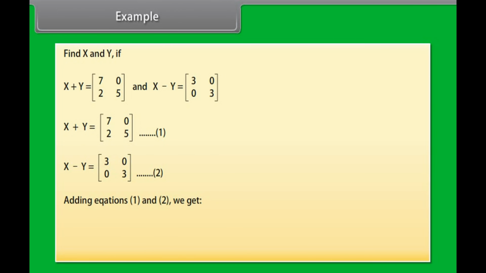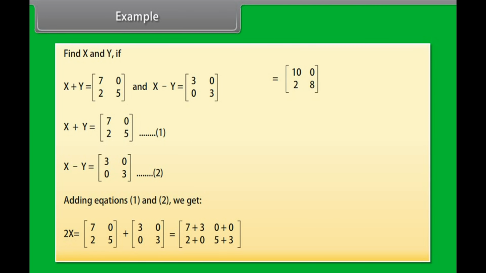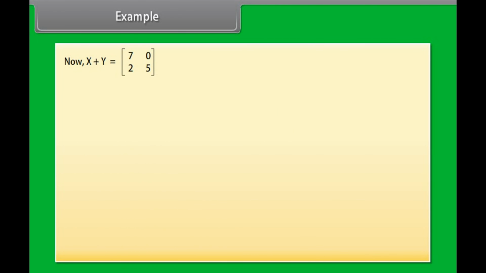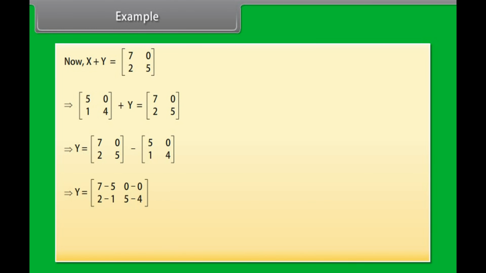Now add the equations 1 and 2, we get 2X is equal to the matrix, row-wise: first row 10 0, second row 2 8. Therefore, X is equal to the matrix, row-wise: first row 5 0, second row 1 4. Now substituting the value of X in X plus Y and solving it, we get the matrix Y is equal to, row-wise: first row 2 0, second row 1 1.